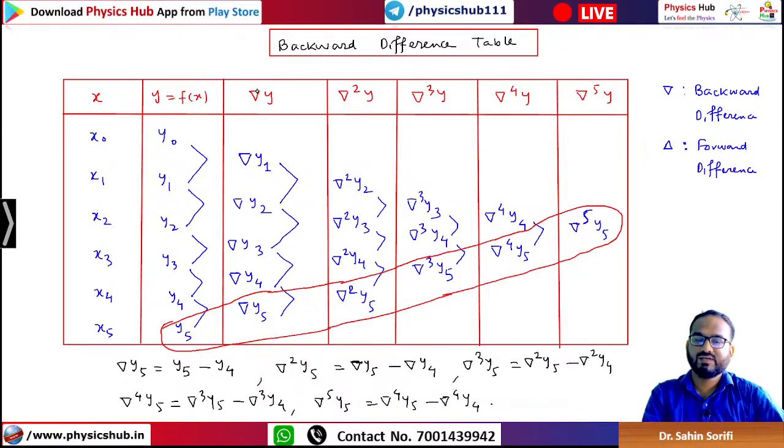So this is the first backward difference, this is the second backward difference, third, fourth, fifth backward difference. This is called nabla, this is called delta. I hope you know the difference.